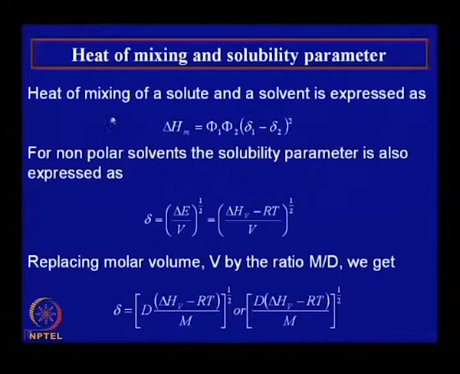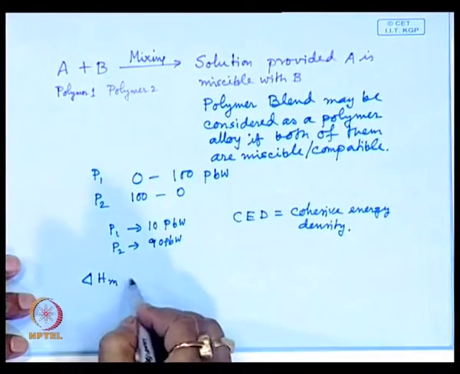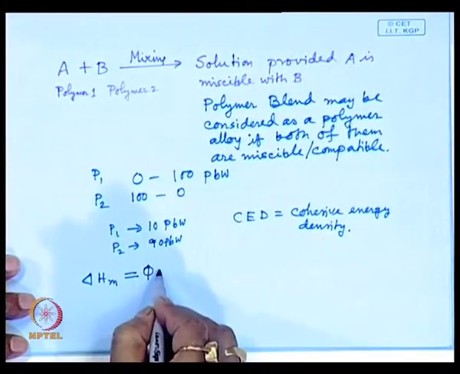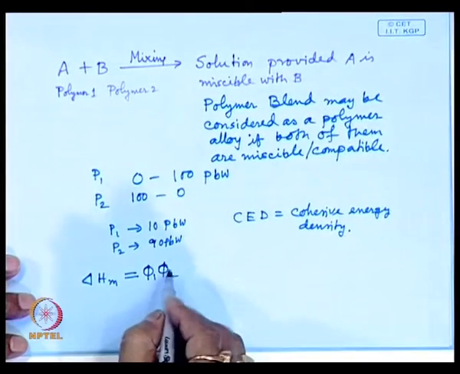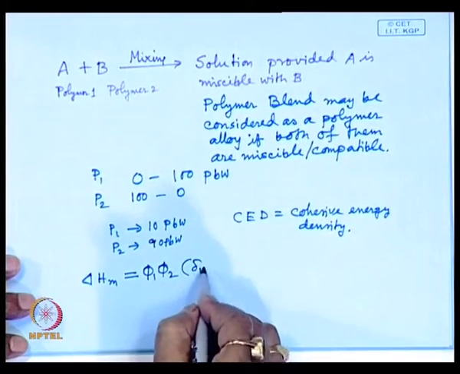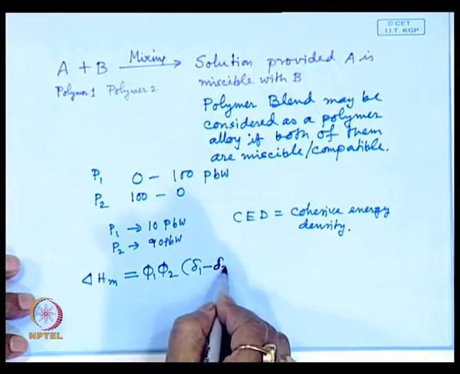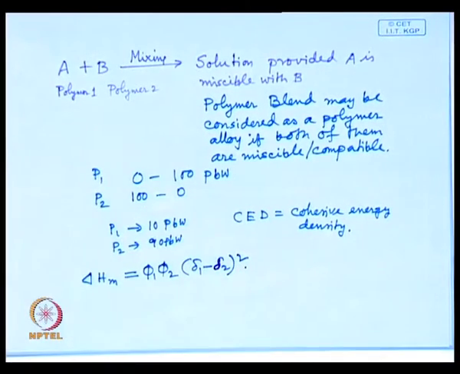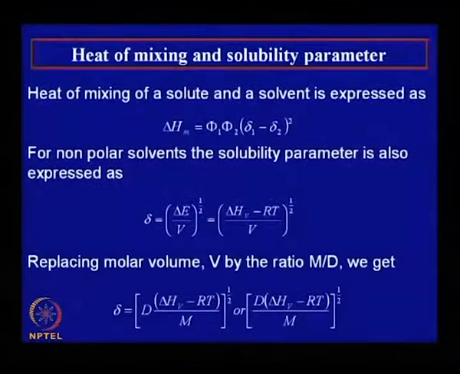Now, you see heat of mixing of a solute and a solvent is expressed by delta H m equal to phi 1 and phi 2 times the square of the difference of delta 1 and delta 2, where phi 1 and phi 2 are the volume fractions of polymer 1 and polymer 2, or solute and solvent.